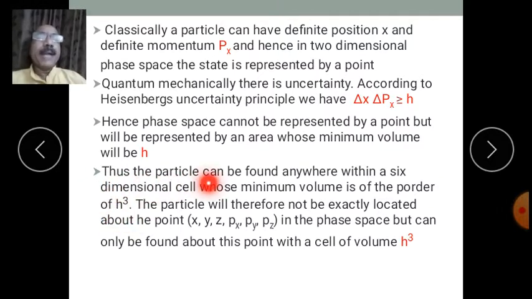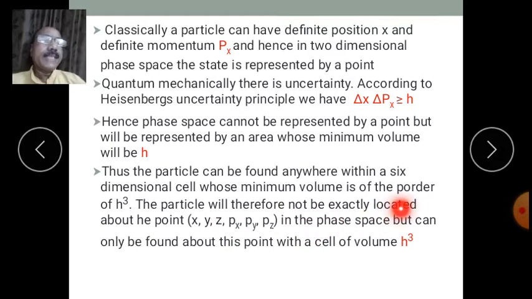So thus a particle can be found anywhere within a six-dimensional cell whose minimum volume is of the order of h cube. So we cannot specify the exact position of the particle, but the particle can be found anywhere within a volume of h cube. The particle will therefore not be exactly located.